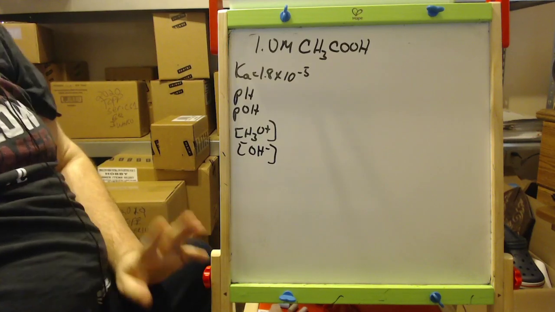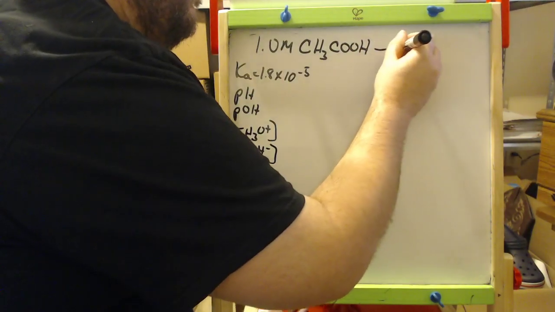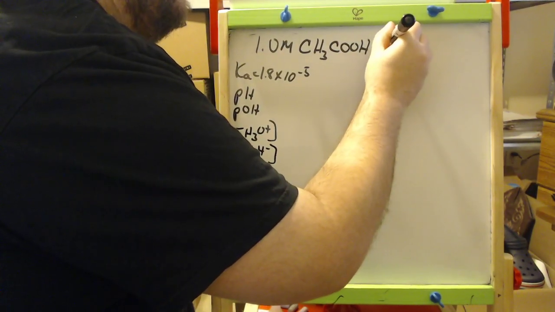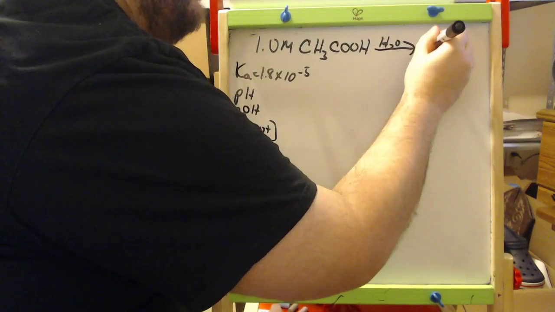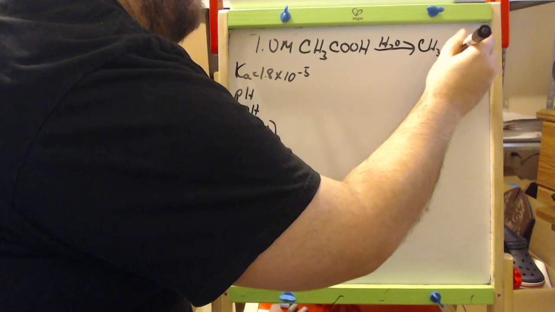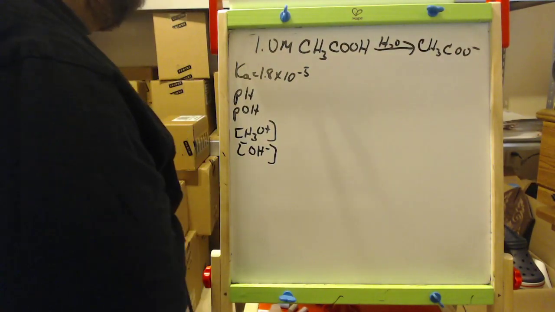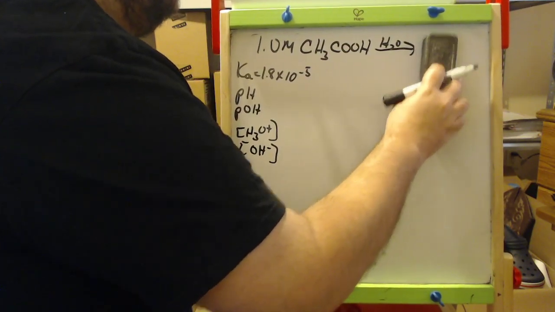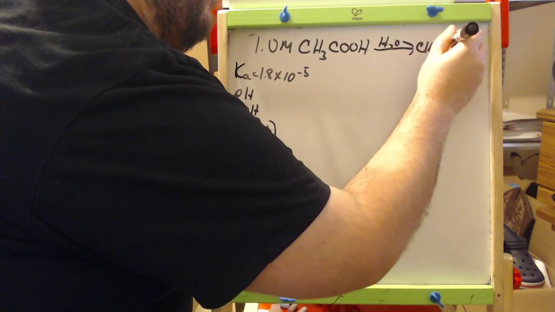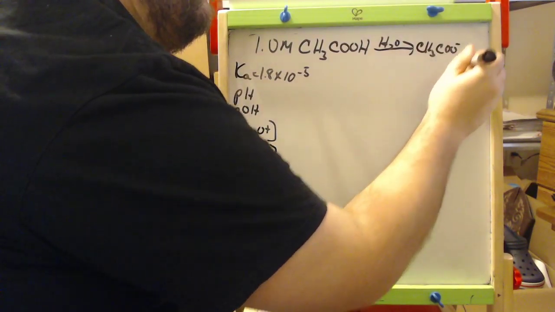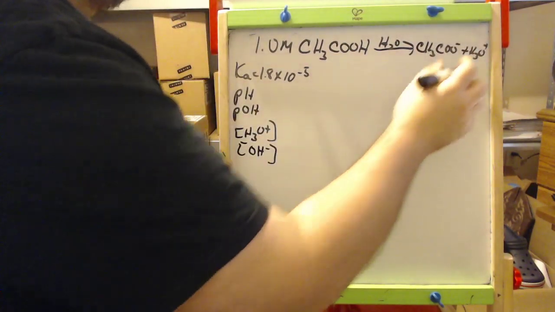All right. Our first step is to write what it would look like if it dissociated in water. So CH3COOH would become CH3COO minus, plus our H3O plus because it's an acid.